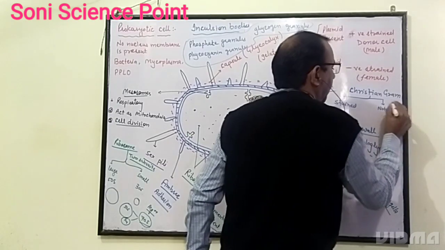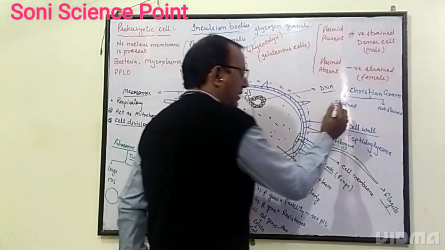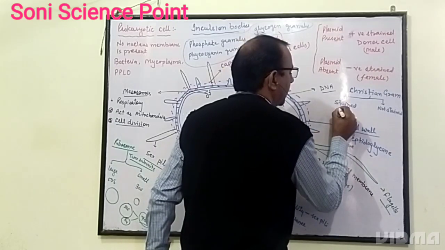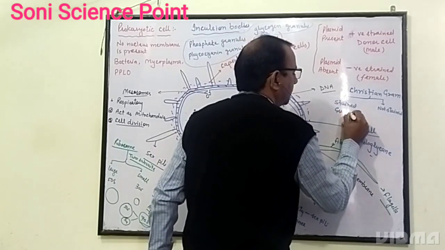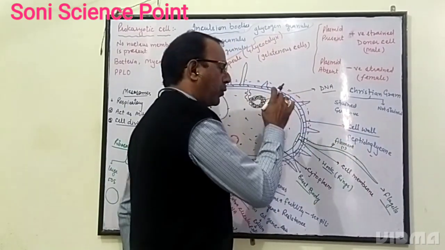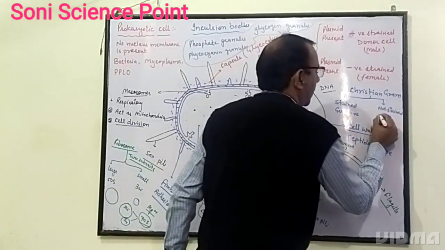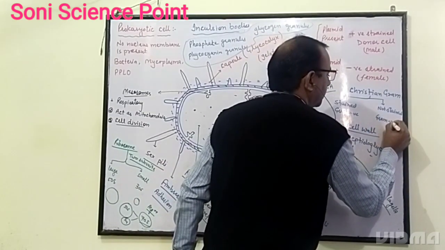The cells which are stained, which are colorized, are called gram positive. And those prokaryotic cells which are not stained, which are not colorized, are called gram negative.